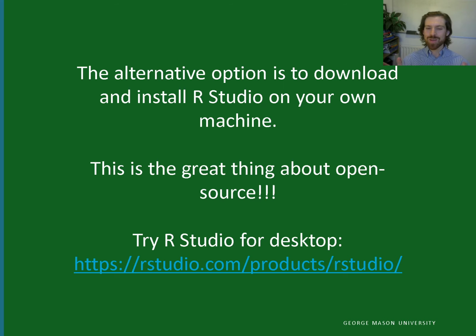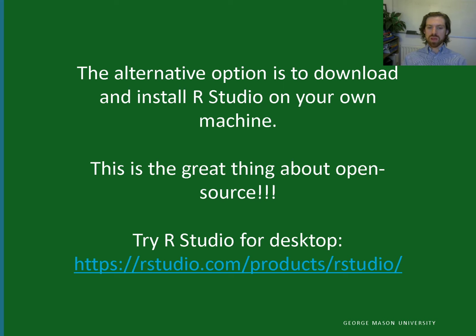And this is one of the great things about open source. When I started in this area 10, 15 years ago, we would have to use Minitab or SPSS or some other sort of proprietary software, and we generally had to either buy a license to use on our own machine, or go into the computer labs at university or college, and that was just generally annoying.